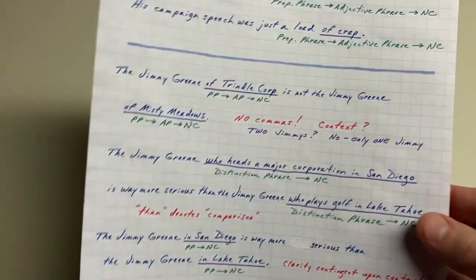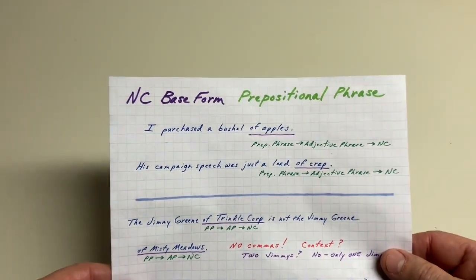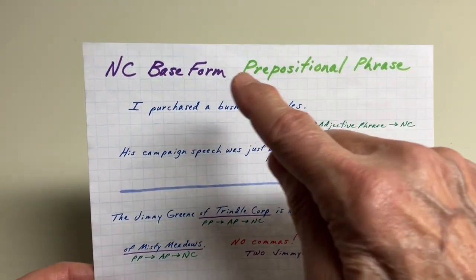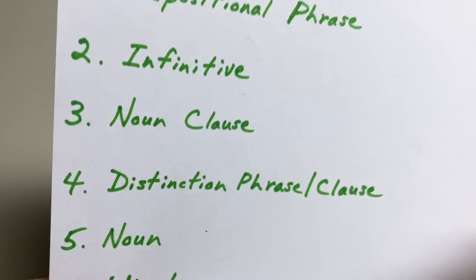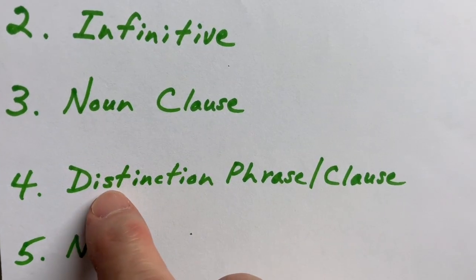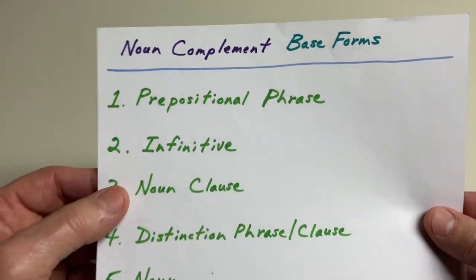So you see, I think it's true. I think the prepositional phrase used as a noun complement is definitely related to the noun complement when it's in distinction phrase or clause form. Okay?